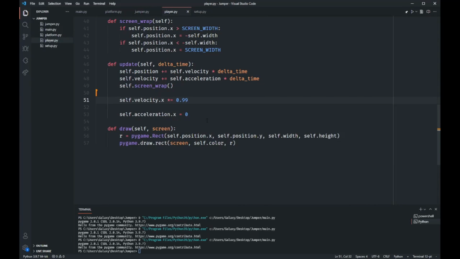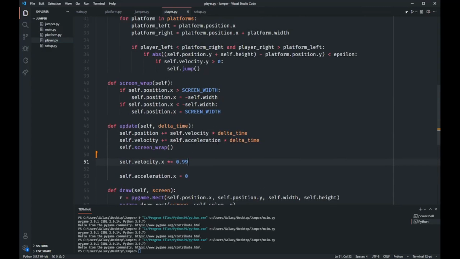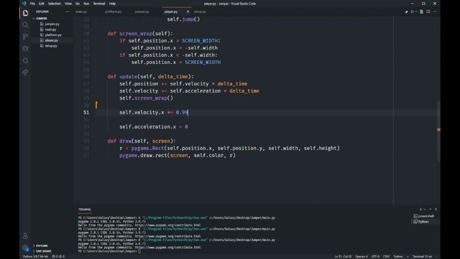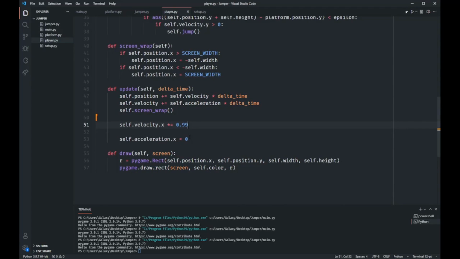On your screens, this might work perfectly fine, but chances are you've probably read ahead in the PDF. Basically, for us it might appear this is working great, but maybe on another computer it won't appear great. And the hint here is delta time.